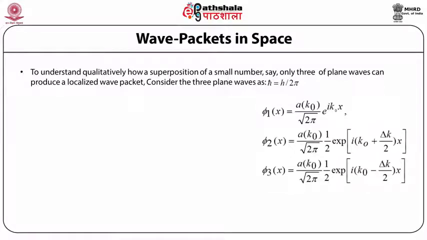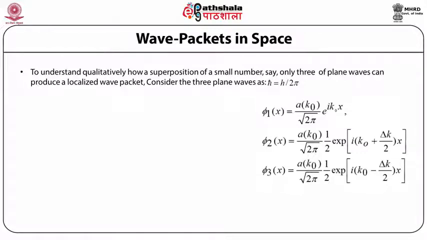Here again A of k naught is the amplitude, while k naught minus delta k by 2 is the wave vector associated with the third wave.